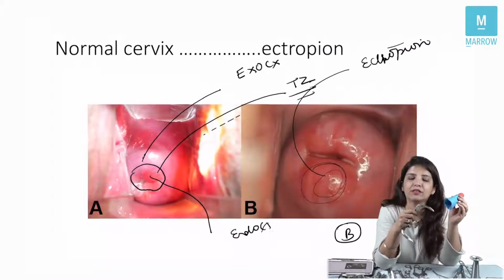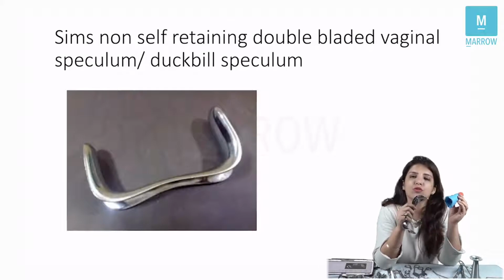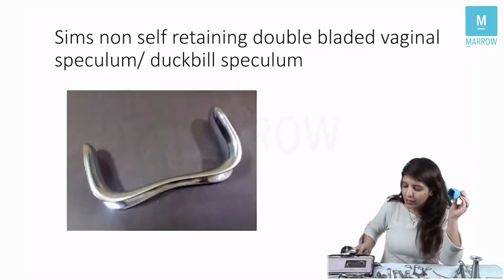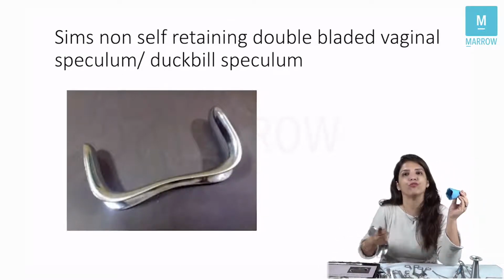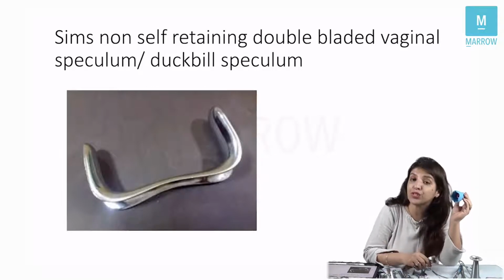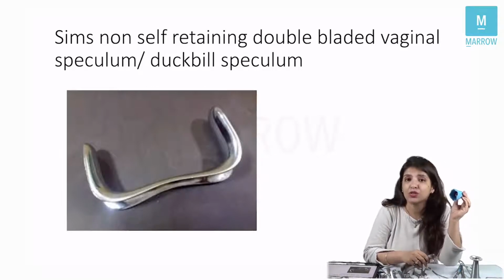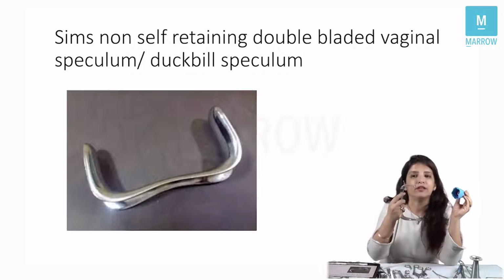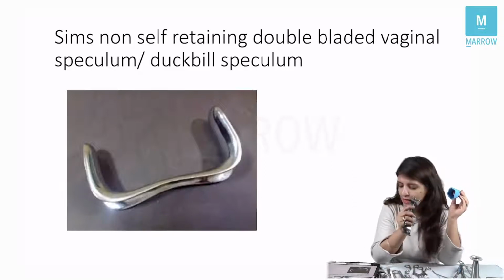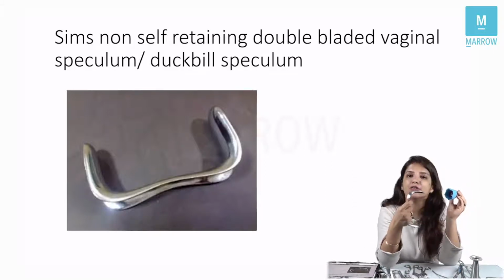Why I am saying the full name is because for final year students, when you give your viva, you have to say the complete name. So, this is the Sims double-bladed, non-self-retaining vaginal speculum.